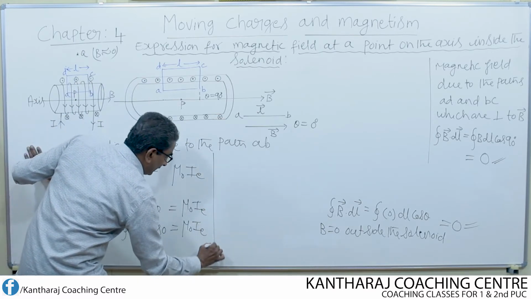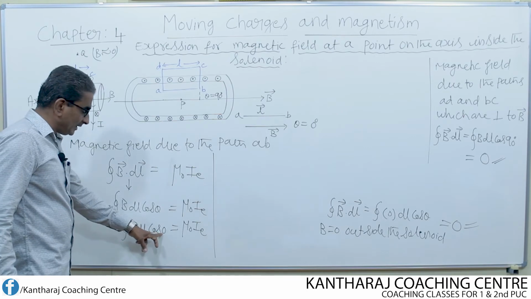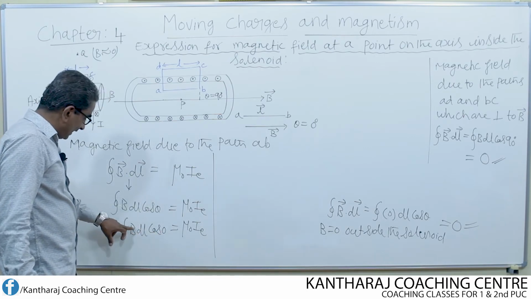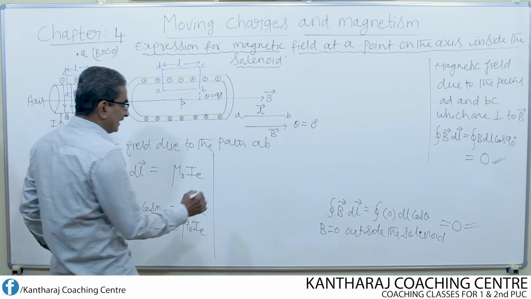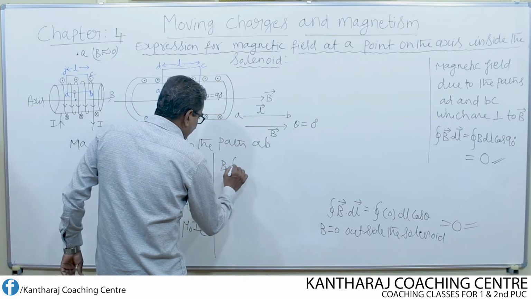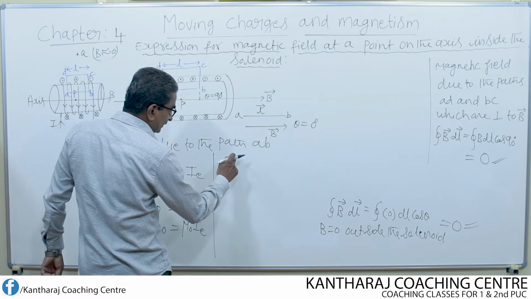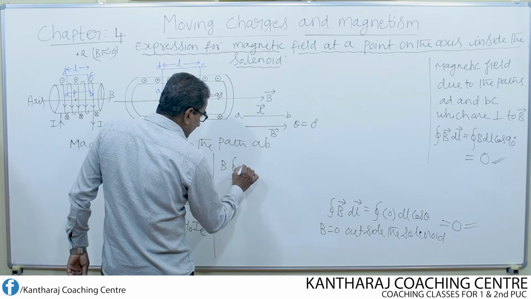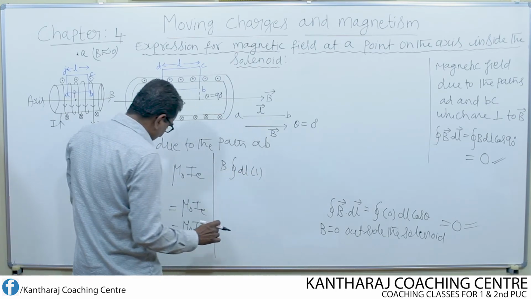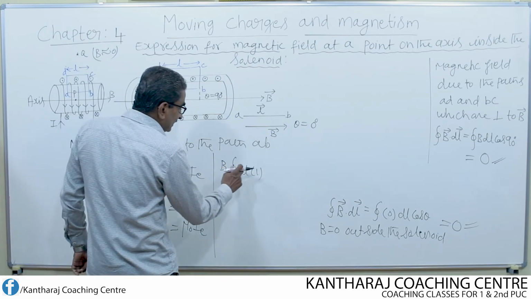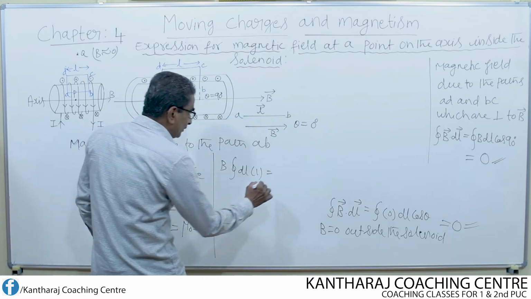Now cos 0 is 1. I take B outside the integral sign. So B times the integral over a closed path of dl. What is cos 0? Cos 0 is 1. What is the integral of dl? And this should be equal to mu naught IE.